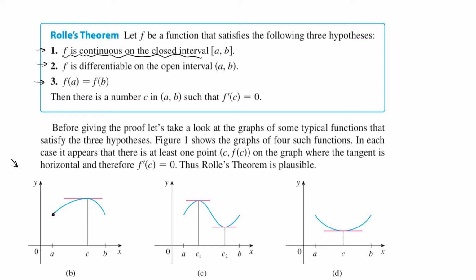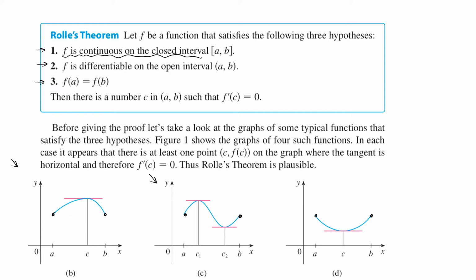You can see that from a till b, the function is continuous. Here also in figure number 2, you can see that the function is continuous. Similarly, in figure number 3, the function is continuous and it has a smooth curve.